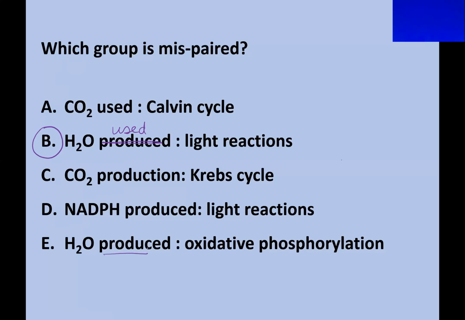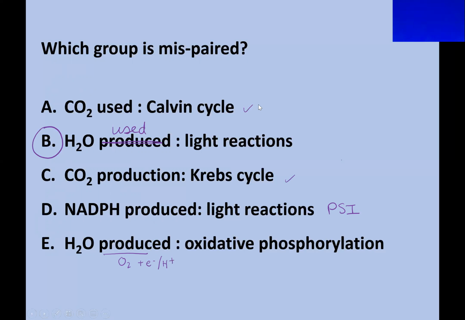This is where water is produced when you add electrons to oxygen in oxidative phosphorylation. NADPH is produced in the light reactions we just talked about from photosystem 1. This is true, and this is true.